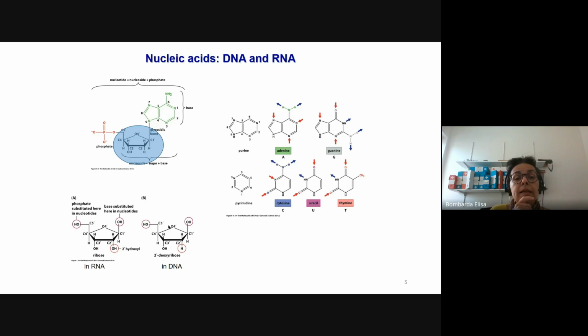So nucleic acid, the building block is the nucleotide. And so here the common part is this one, the sugar and the phosphate, and then what changes is the base, that are the 4 bases.